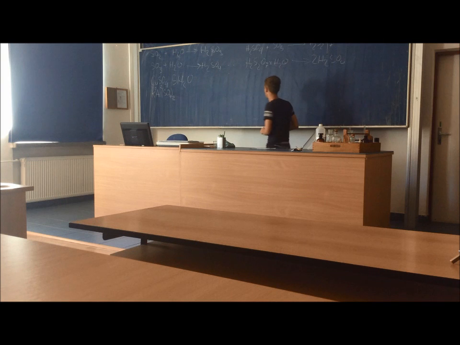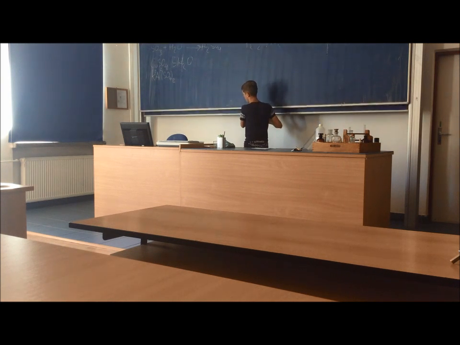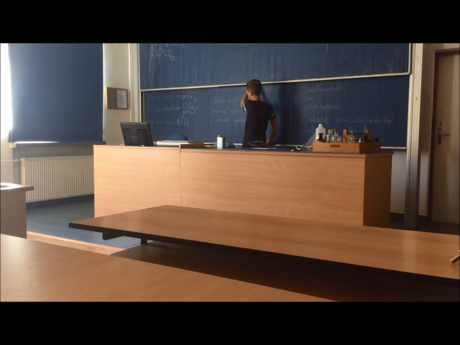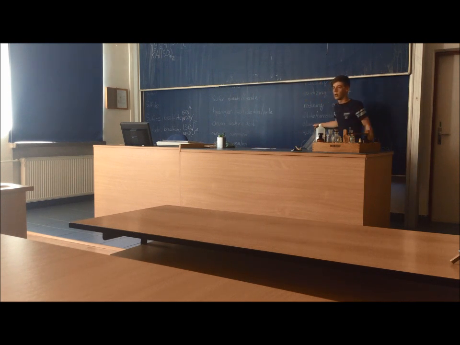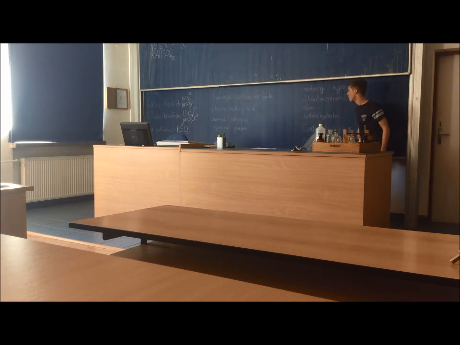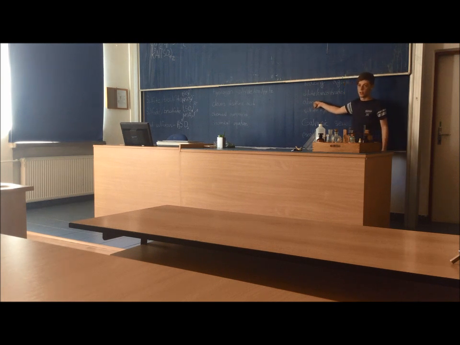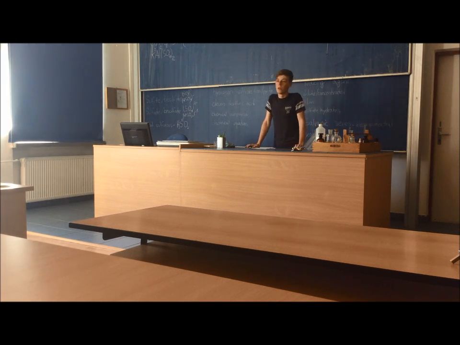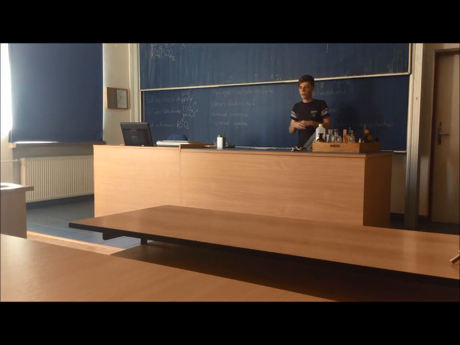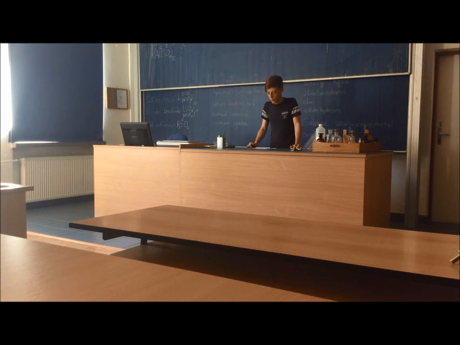Okay, I have it here. I hope you see it. This is alum. And these alums are used, for example, when you shave yourself and you cut yourself, then you use alum to heal it.